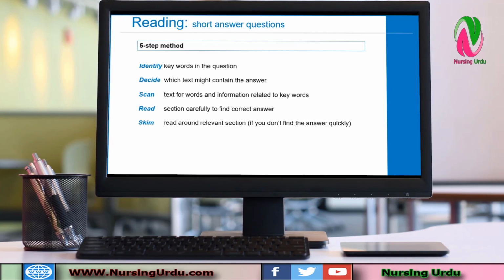And if you don't find it in that particular sentence, having done your scanning and location to find the matching keywords or synonyms, you might need to read the sentence before or possibly the sentence after, or if it is a table, you might need to read a little more broadly to find your answer. So that is the 5-step technique, okay?